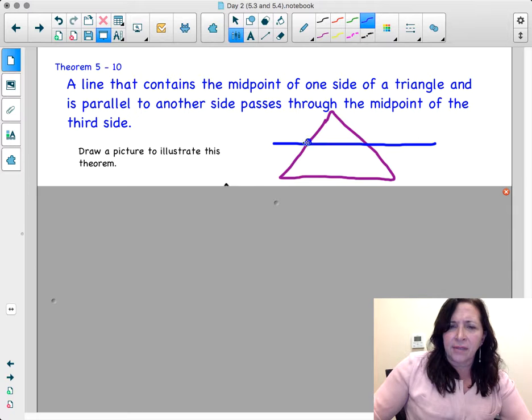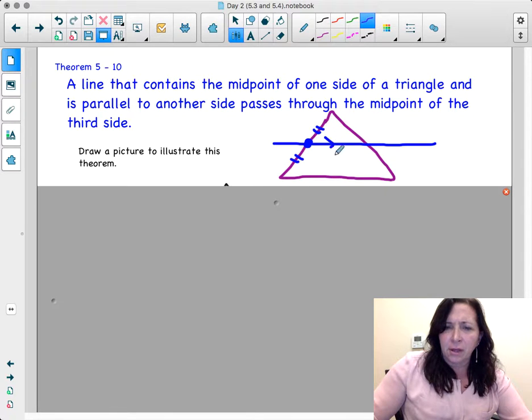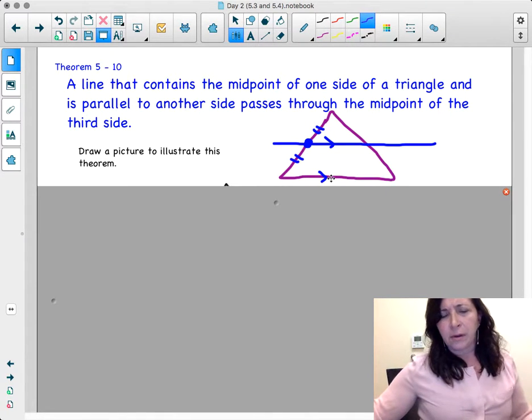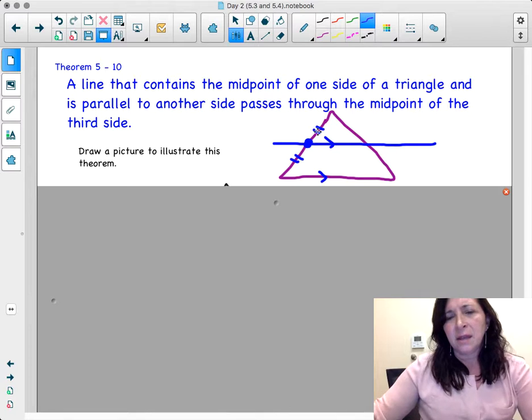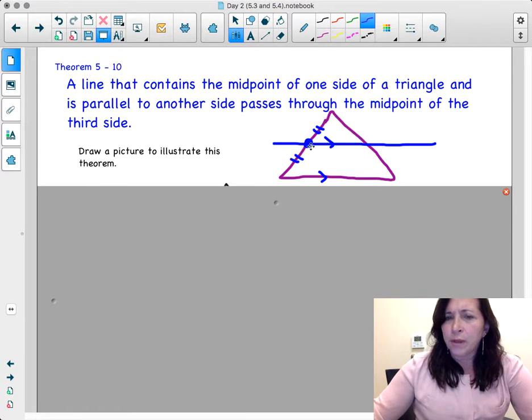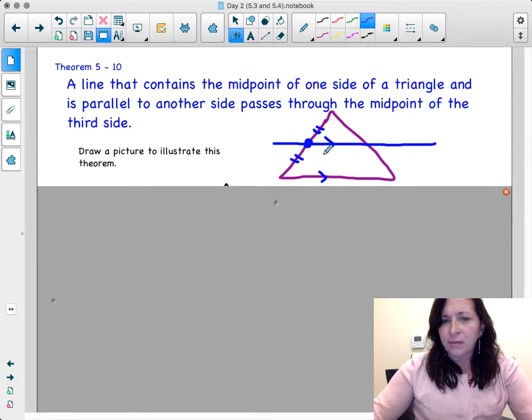What it's saying is if this is a midpoint, of course, that side equals this side. It needs to be parallel to the base. Now if you have your line going through the midpoint and it's parallel to the base, what this theorem is stating is that this becomes a midpoint, and they are not congruent to that, but they are congruent to that side.